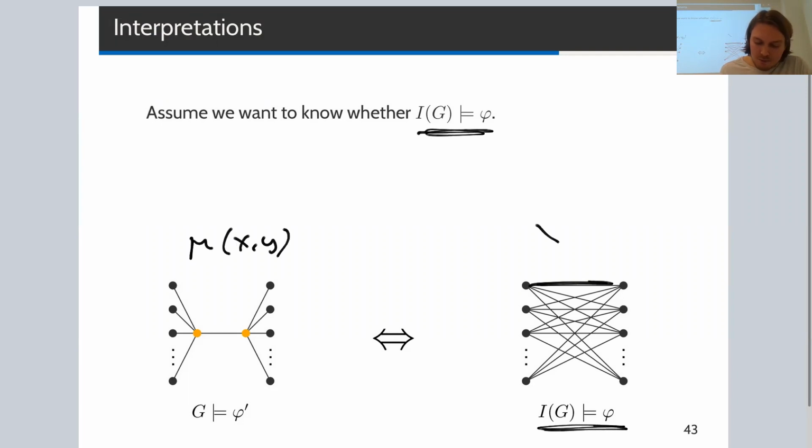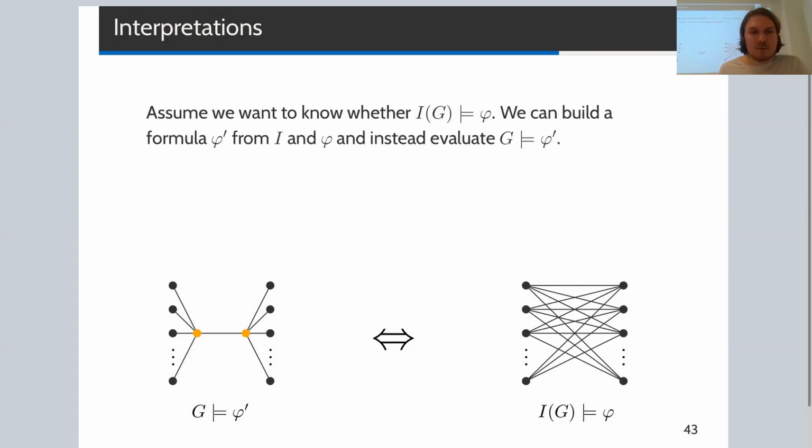So instead of asking whether x and y are adjacent in the interpretation, we can instead ask whether they satisfy mu in the original graph G. So we can build a new formula phi that checks, instead of an edge relation, whether two vertices satisfy mu, where mu is the formula that is contained in the interpretation. And then instead of evaluating the formula on the interpretation, we can evaluate it on the pre-image of the interpretation, the graph G.